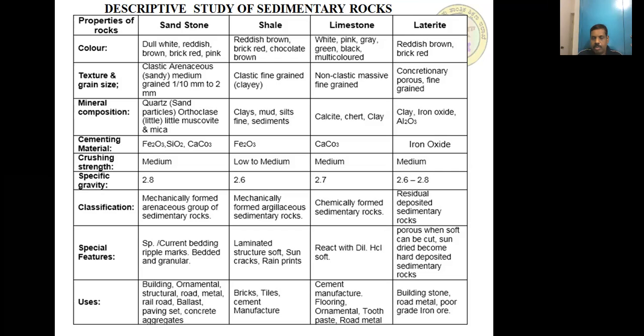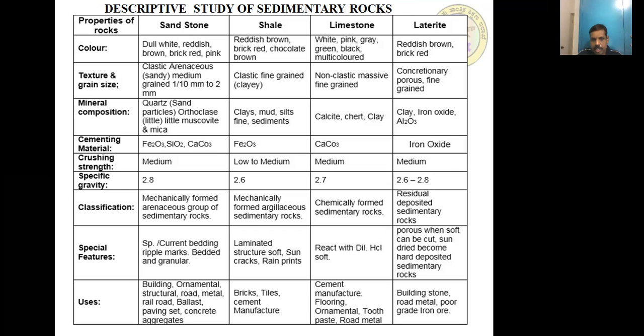Cementing material is Fe2O3, that is ferruginous material. Crushing strength is low to medium and the specific gravity is 2.6. When coming to classification, it is a mechanically formed argillaceous sedimentary rock.